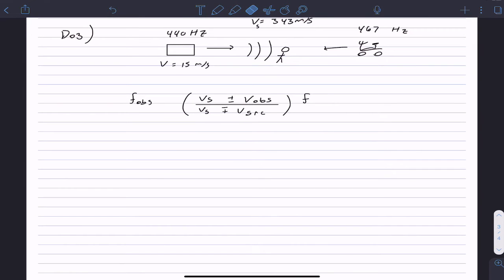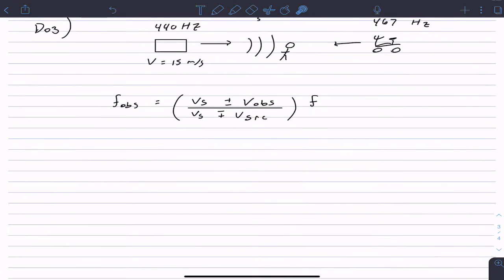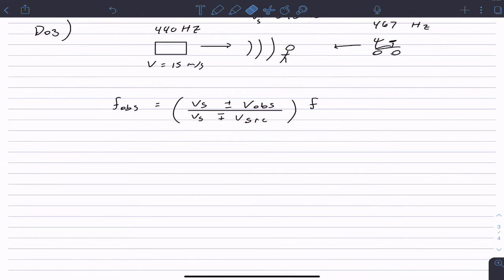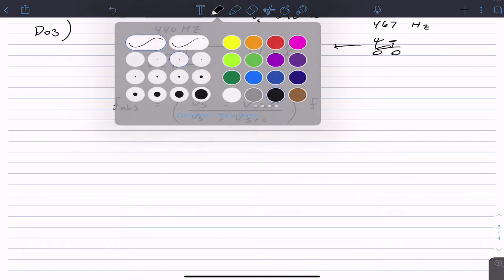Okay. So what's important here to remember is that if these things are moving towards each other, then we use this, right? And then we also use the one on top here, if they're moving towards each other. If they're moving away from each other, then you choose the opposite sign convention, and you choose the signs on the bottom. I'll show you what I mean.